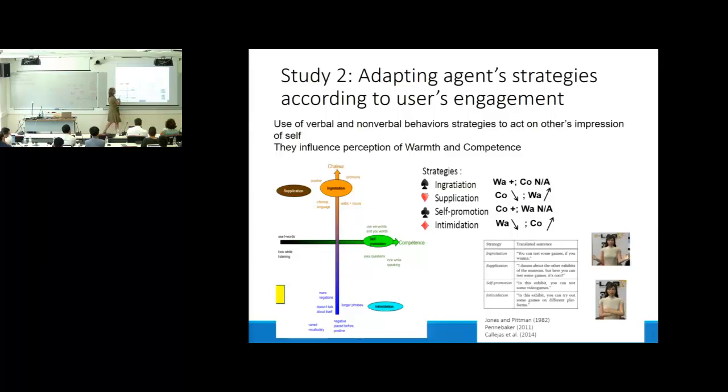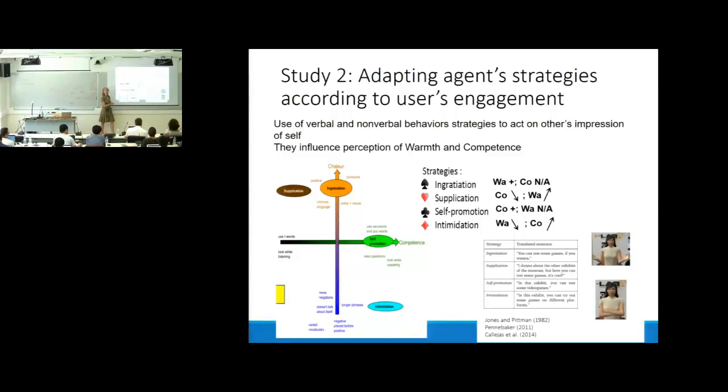And to do that, we had our levels of warmth and competence dimensions, and we can specify the type of behaviors we're going to provide on the different axes here.